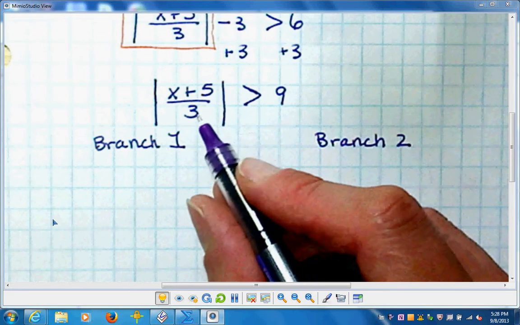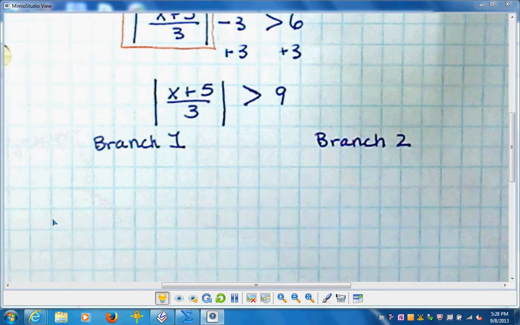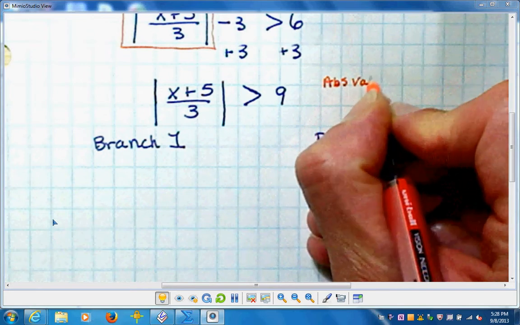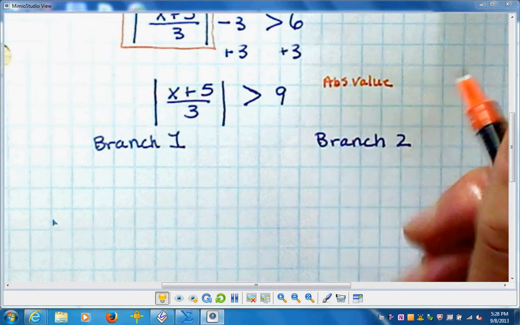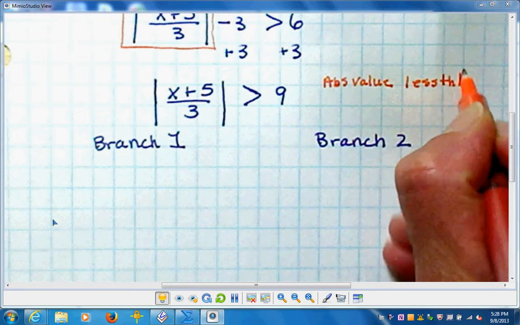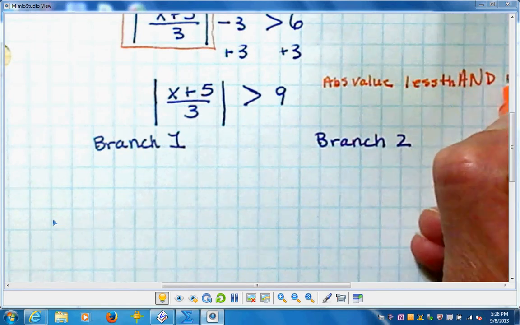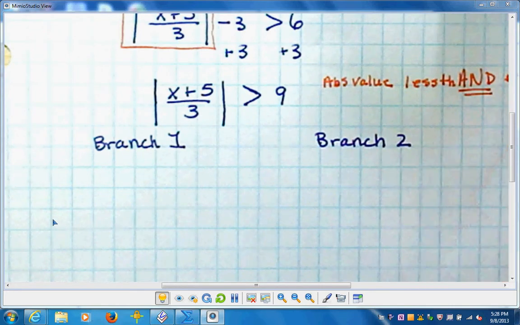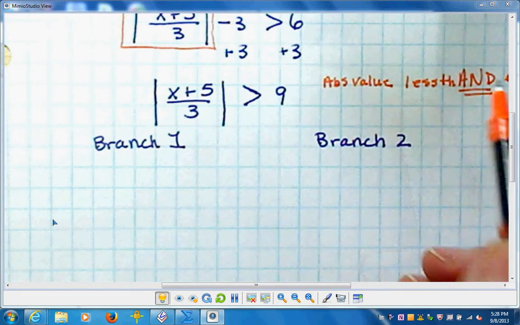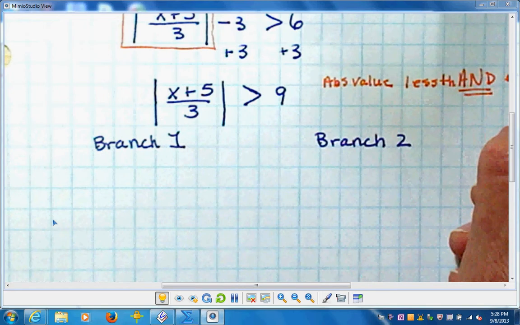Well, when I look at this, I have my absolute value is less than a number. Oh, I just read it wrong. It's greater than, isn't it?